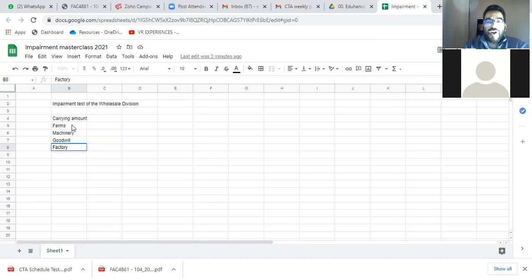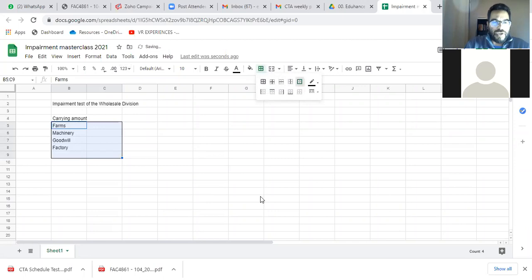In this question, the answer was yes. They told you it can. When the answer is yes, then you bring the corporate asset in as part of the carrying amount of the CGU. If the answer is no, then you can't bring the corporate asset in as part of the carrying amount of the CGU. Very, very important. Okay. Over here, I don't think I missed any other asset. I'll just make another line just in case I did.